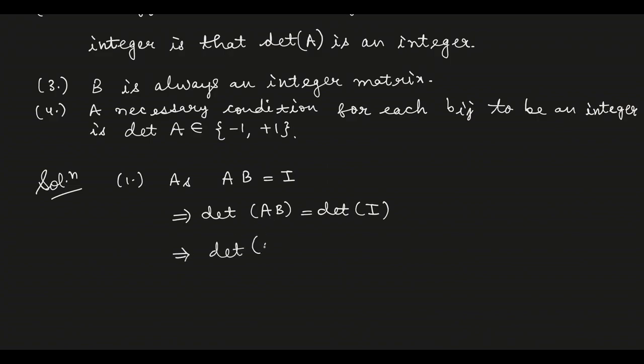Determinant of AB is determinant of A into determinant of B. Determinant of identity is 1, and it is given that determinant of A is 1. So determinant of B is 1. First option is clearly correct.